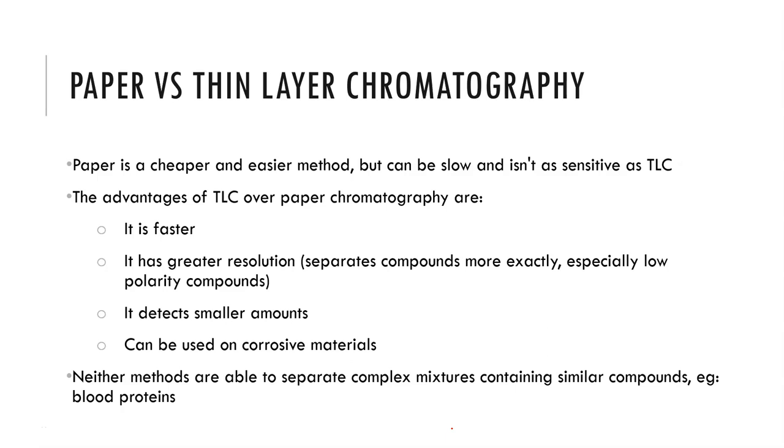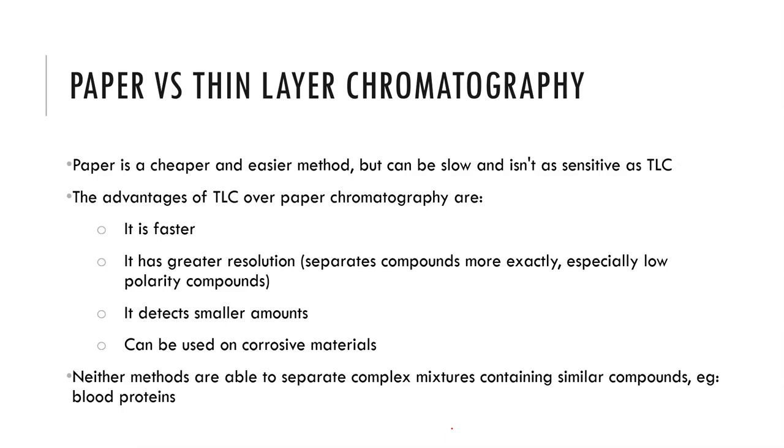Neither method is able to separate complex mixtures that contain similar compounds because we won't get enough separation. There just simply isn't enough space for the absorption-desorption events that we need to happen in order to separate complex mixtures. Okay, that is it for paper and thin layer chromatography.